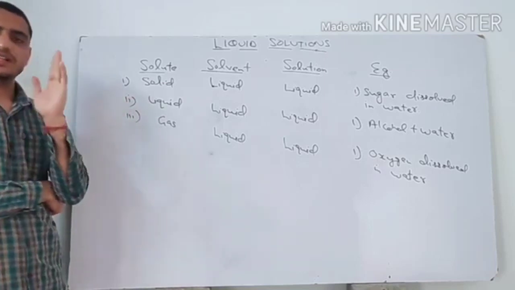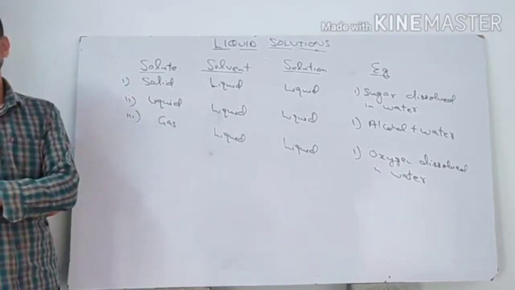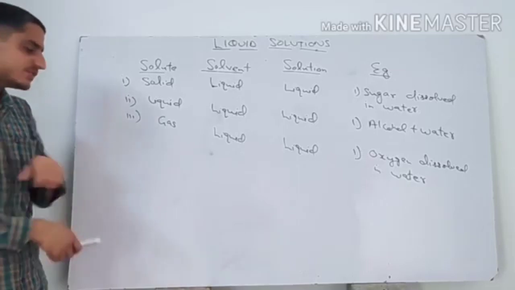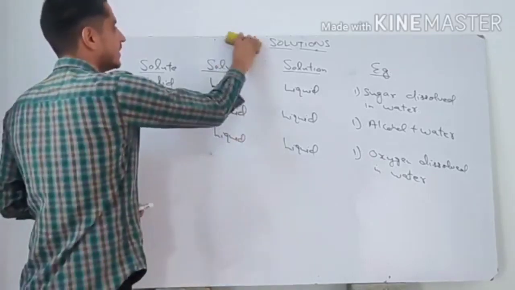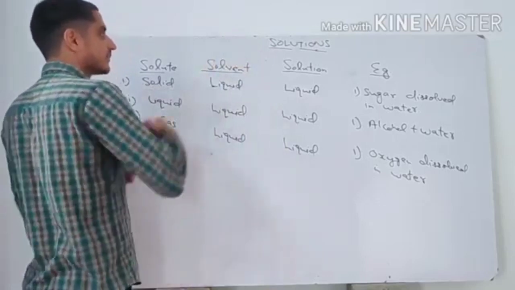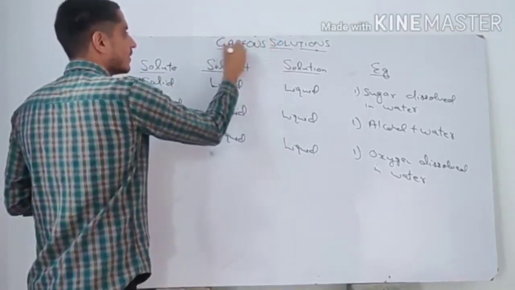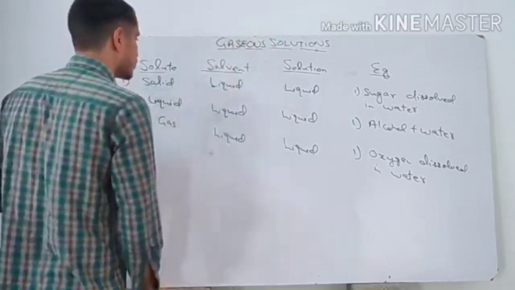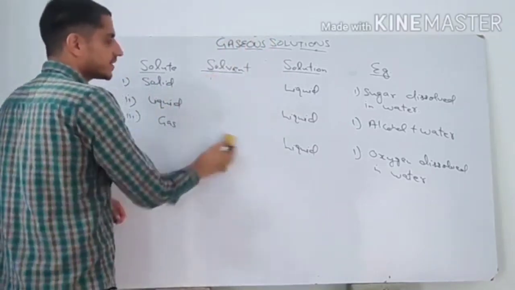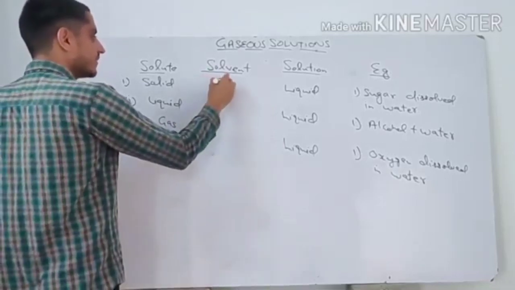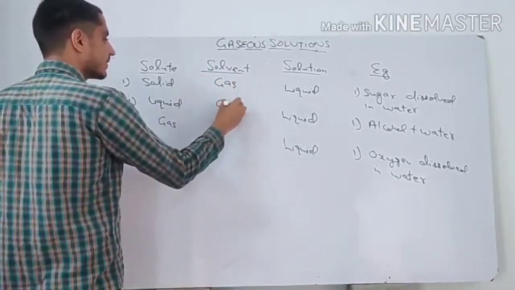In the gaseous solutions, the solvent will always be in the gaseous phase. The third type of solutions are gaseous solutions. So in the gaseous solutions, the solvent will be in gaseous phase. Solvent will be a gas.